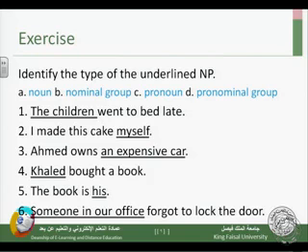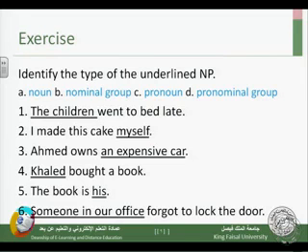Number six. Someone in our office forgot to lock the door. Here we have two phrases, one embedded in another phrase. Someone in our office, this is a phrase, and we have another phrase within it, our office. But we are asked here to provide the type of the whole underlined phrase. So the whole phrase, someone in our office, is a pronominal group. We have someone, which is a pronoun, and we have modifiers, in our office.